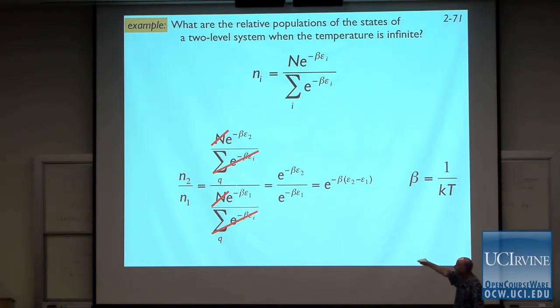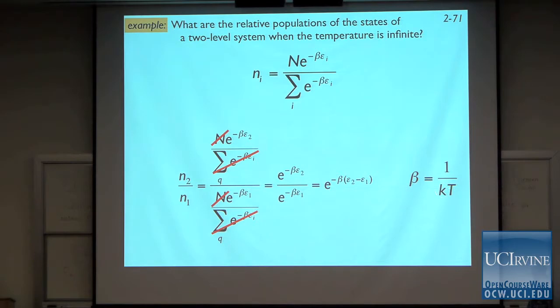This thing in the denominator, this partition function, that's the same between these two terms. The only thing that's different is this exponential, and so I can just pull that out. Everything else cancels, so I've got this exponential for energy 2 corresponding to N2, and this exponential for energy 1 corresponding to state 1. And so I can simplify that. And here's what the resulting exponential looks like.